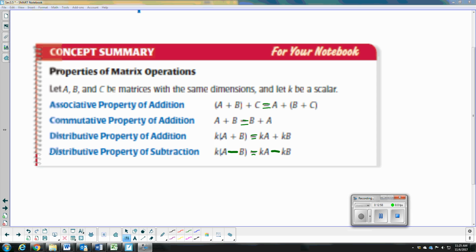Commutative property should say A plus B equals B plus A. Distributive property of addition, K, which is your scalar, times the group A plus B equals K times A plus K times B. And distributive property of subtraction, K, which again is your scalar, times the group A minus B equals KA minus KB.